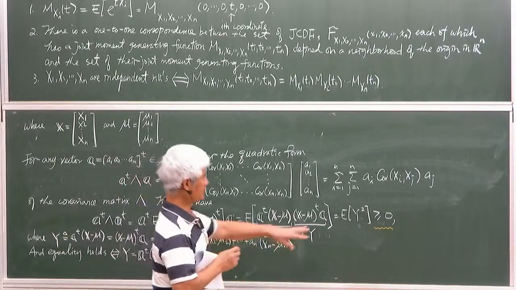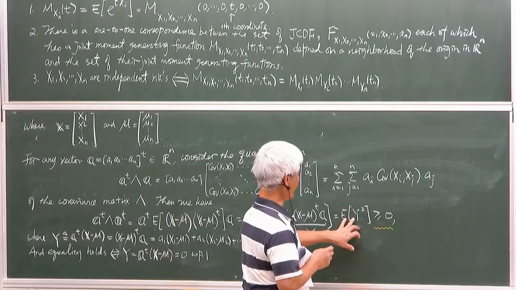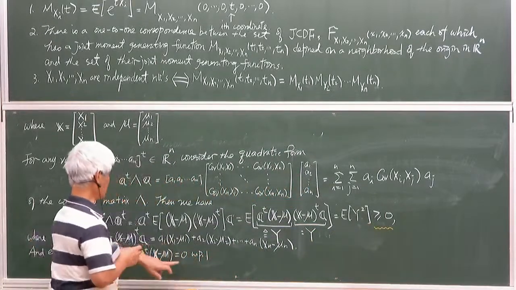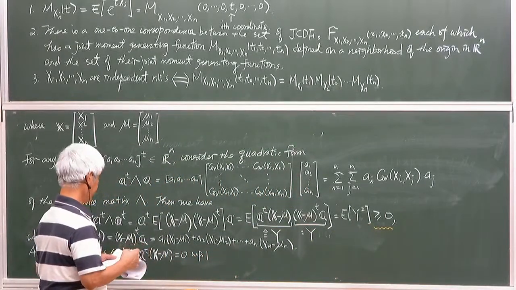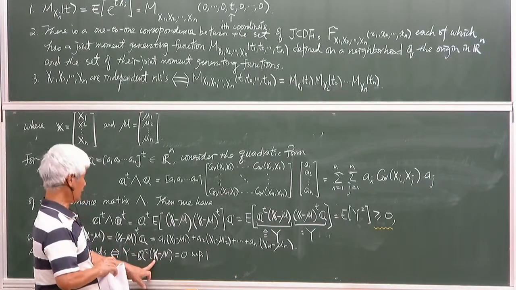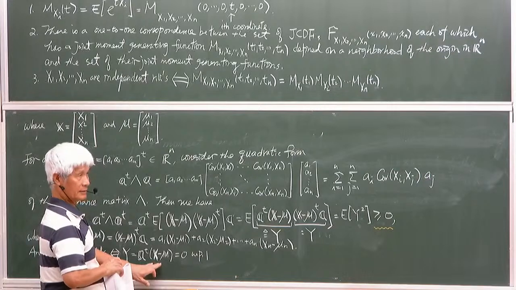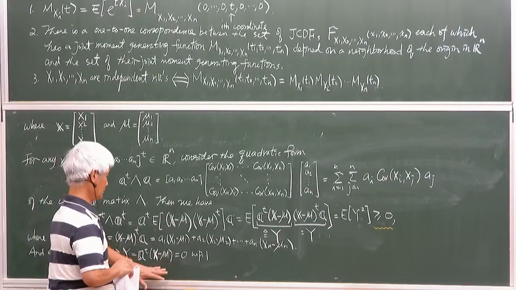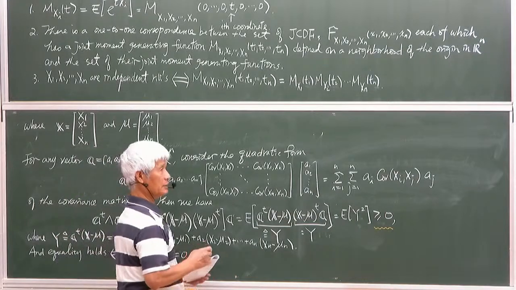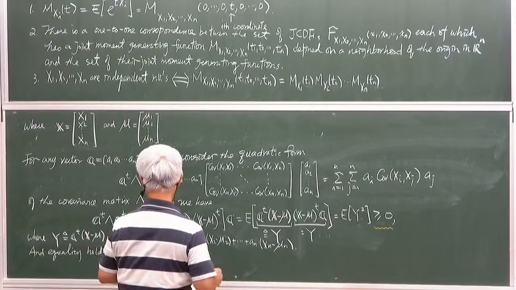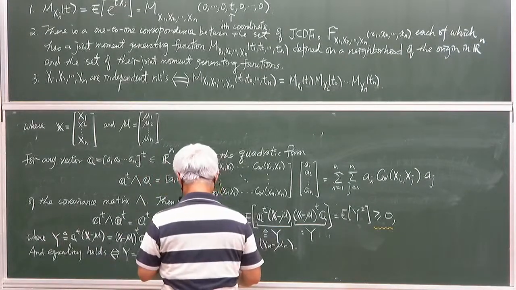Okay, so the second moment of a random variable Y is 0 if and only if this random variable Y is equal to 0 with probability 1. Which means that the n random variables x1, x2, up to xn satisfy a linear relation with probability 1. Okay, so they are linearly related.